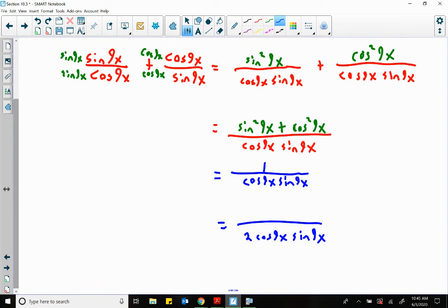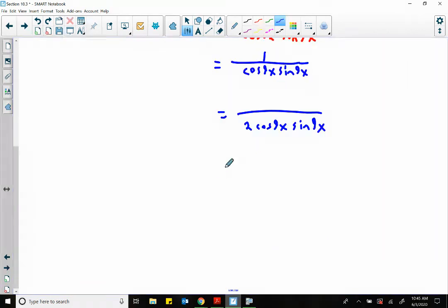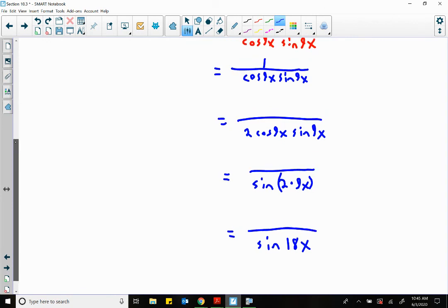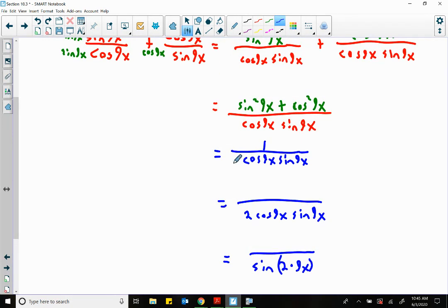Because I will change that into sine 2 times 9x, and that will give me sine 18x. Now, the thing is, I don't have a 2 here. So what can we do?